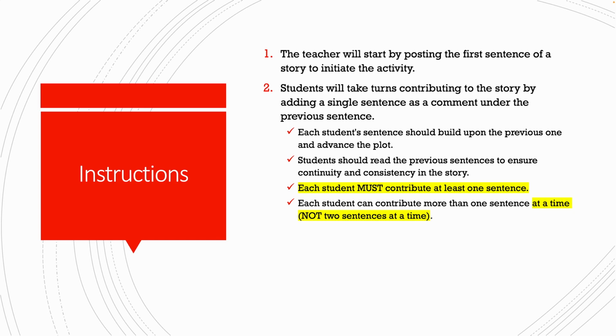You can post 1 sentence at a time, and then you can wait until other students add different sentences, and then if you want to participate again, you can add another sentence, okay? You cannot post 2 sentences in a row, all right?